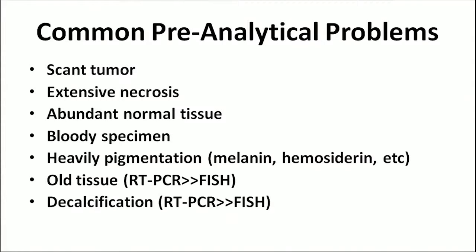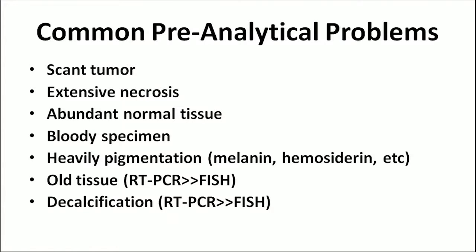So some of the common pre-analytical problems when we try to use these methodologies with tumors: sometimes with biopsies we have really scant tissue. Sometimes we have a lot of necrosis. Abundant normal tissue can be a problem with some of the techniques. Blood in the specimen, heavy pigmentation, either melanin or hemosiderin.